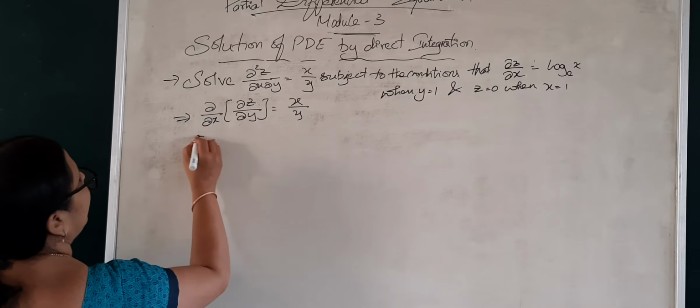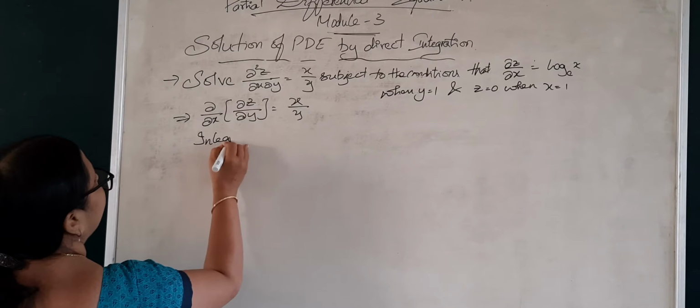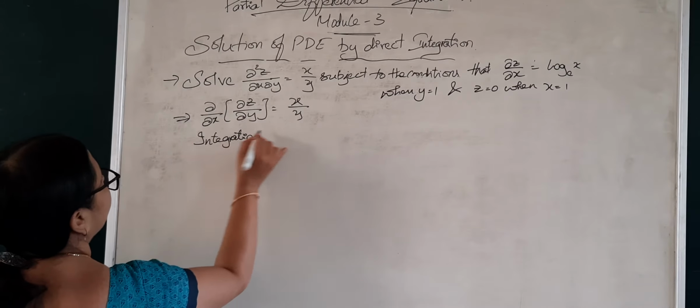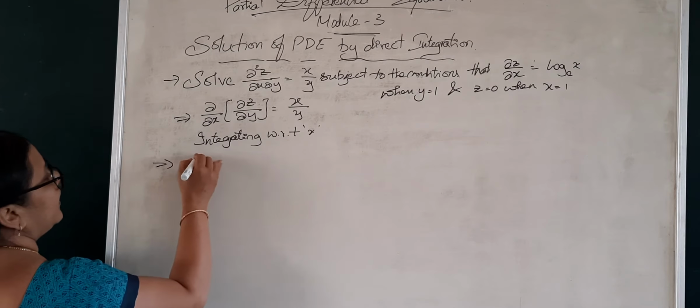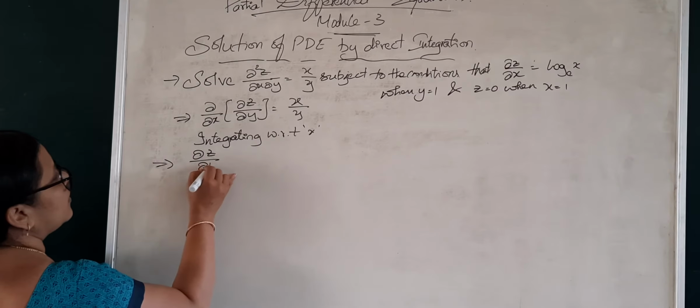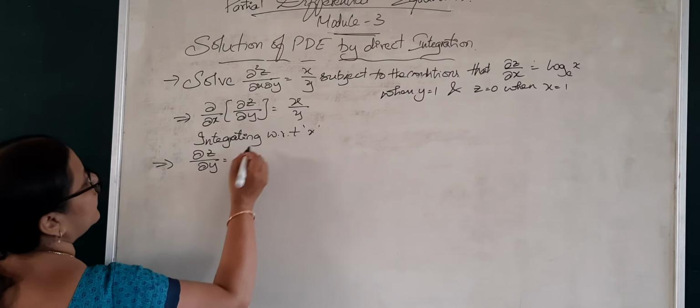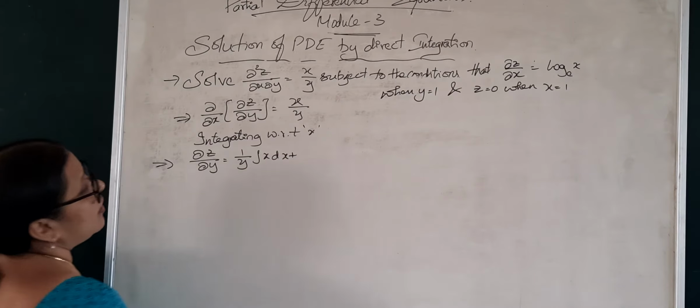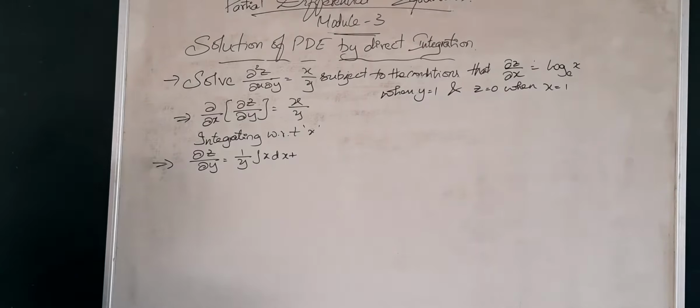So first we are supposed to integrate with respect to x on both sides. So dou by dou x and integrate dx gets cut. So you get dou z by dou y is equal to, with respect to x, treating y as constant, 1 by y integral x dx plus constant of integration in terms of the other variable.